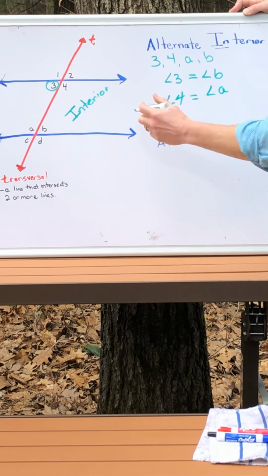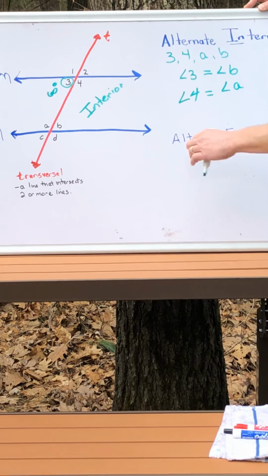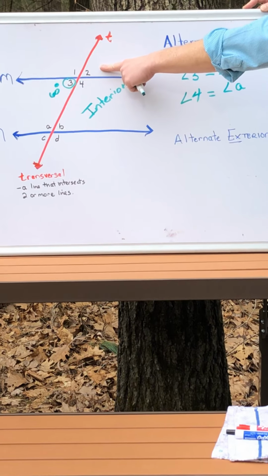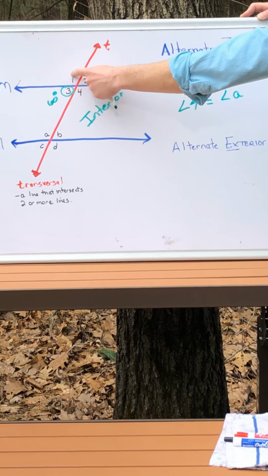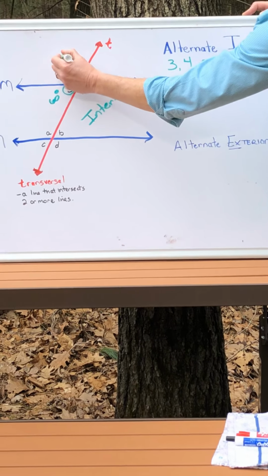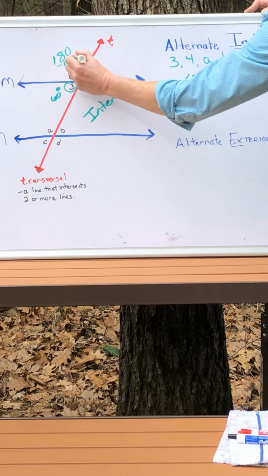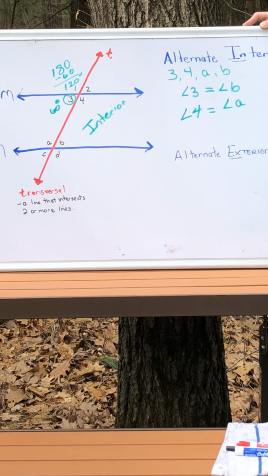So, if I told you angle 3 was 60 degrees, how big is angle 2? 60 degrees, vertical angle. How big is angle 1? That is 120 degrees because they're supplemental. So that makes that 120 degrees.